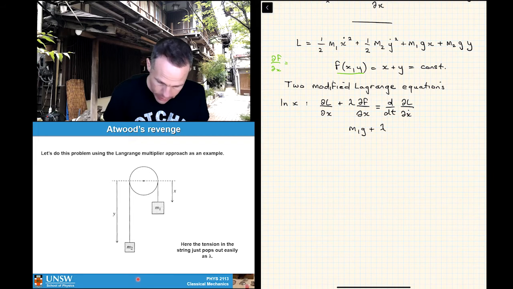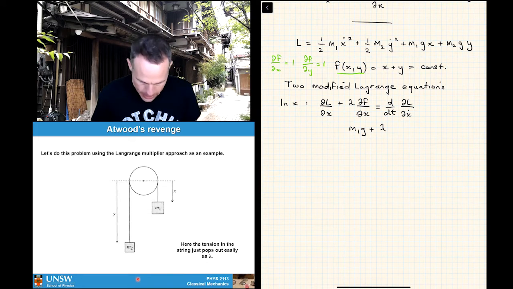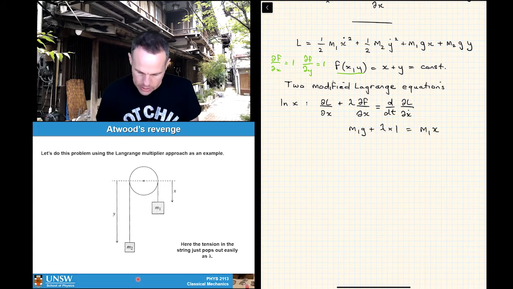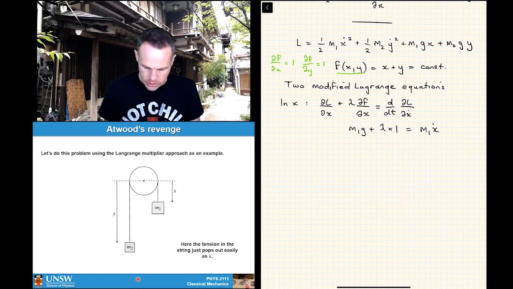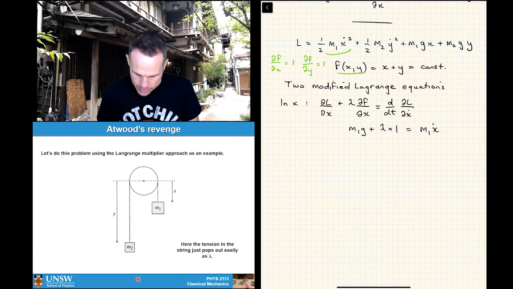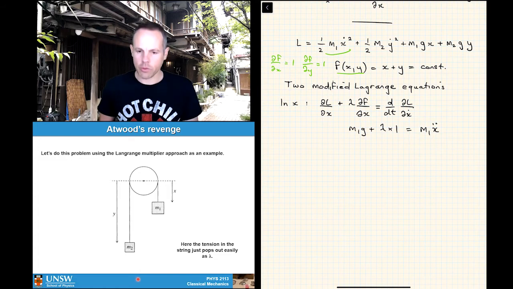And dF/dy is also just going to be 1, okay? So we end up with lambda times 1 is equal to m1 x double dot, because this just comes down from the term up here, and then when we take the time derivative of it, we get our second dot.